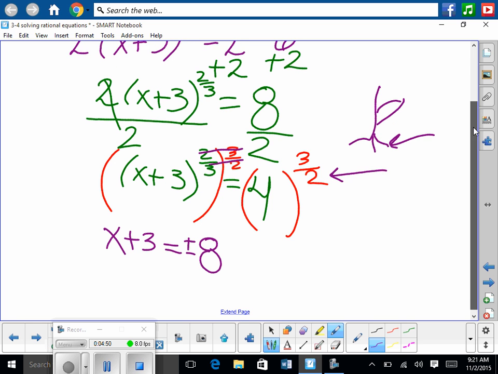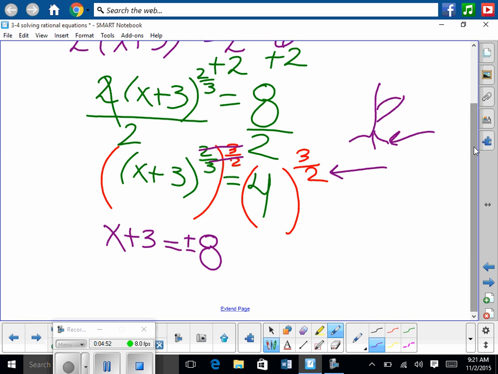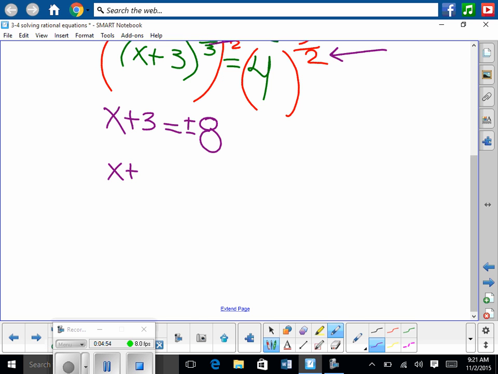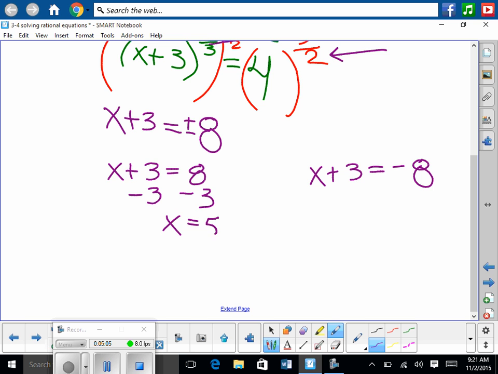Then we just split it up and solve each of them individually. So we have x plus 3 is equal to positive 8. x plus 3 is equal to negative 8. And then in each case, we solve for x: subtract 3, x is equal to 5; subtract 3, x is equal to negative 11.